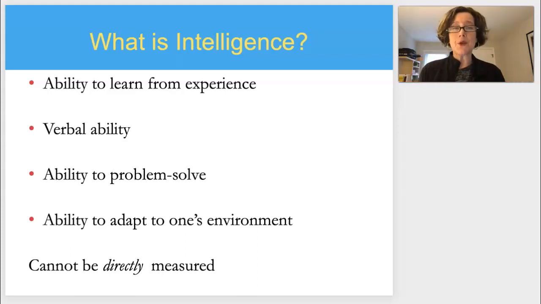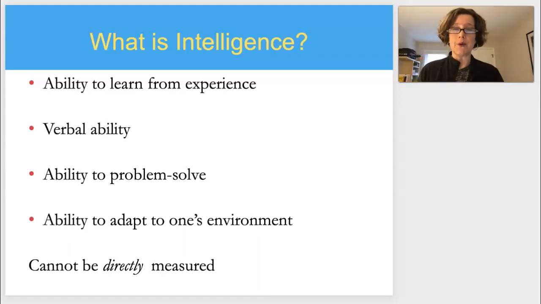It's a very abstract and broad term. However, most theorists would say that these 4 attributes are part of almost everybody's definition of intelligence.